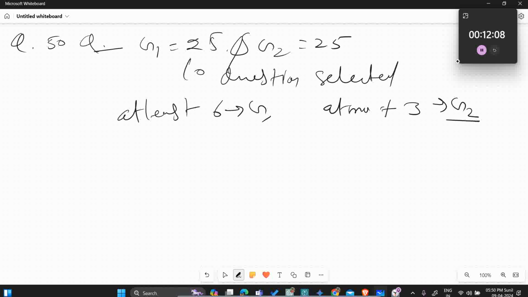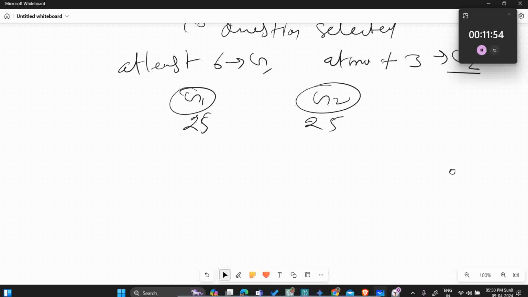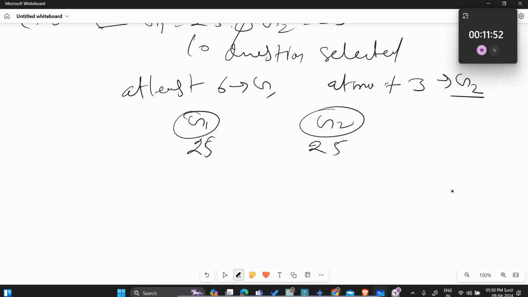So what we are doing here is 10 questions are there, right? We have group 1 and group 2, 25 here, 25 here. We have to select 10 questions only. So we are going to discuss at least 6 from this. We can take 25C6, right?